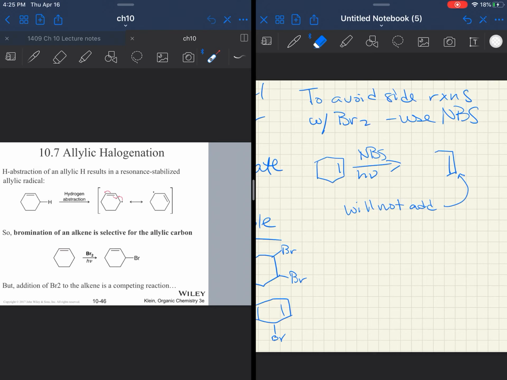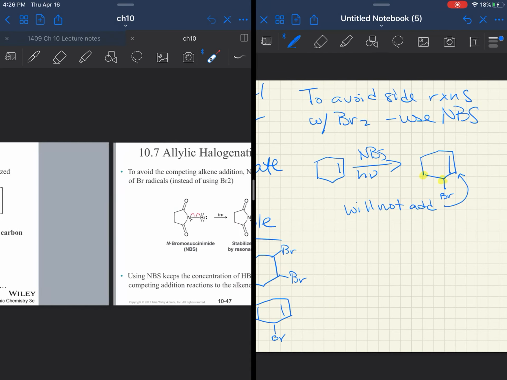We can add to one of the CH2s across from the double bond or one of the CH2s next to the double bond. The more reactive spot is going to be that CH2 next to the double bond because the intermediate will be resonance stabilized. So you are going to get a major product with the bromine on the sp3 carbon next to the double bond, because anytime you can stabilize that intermediate, it's going to lower the activation energy.